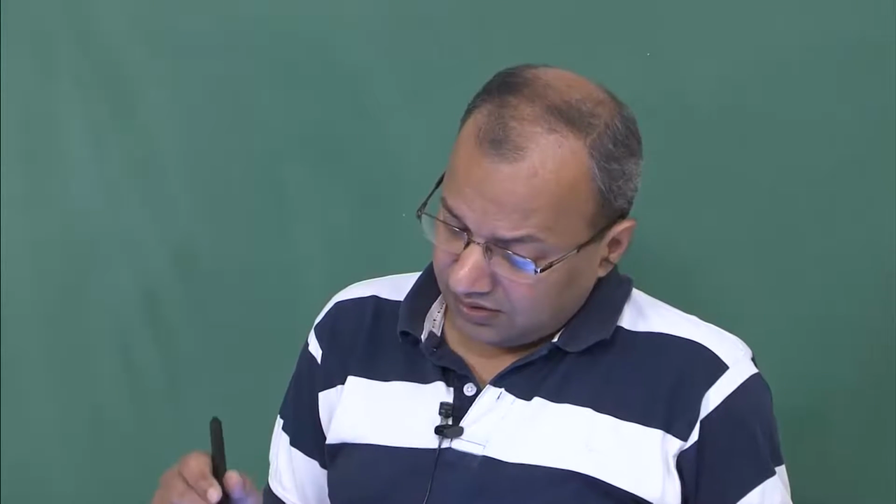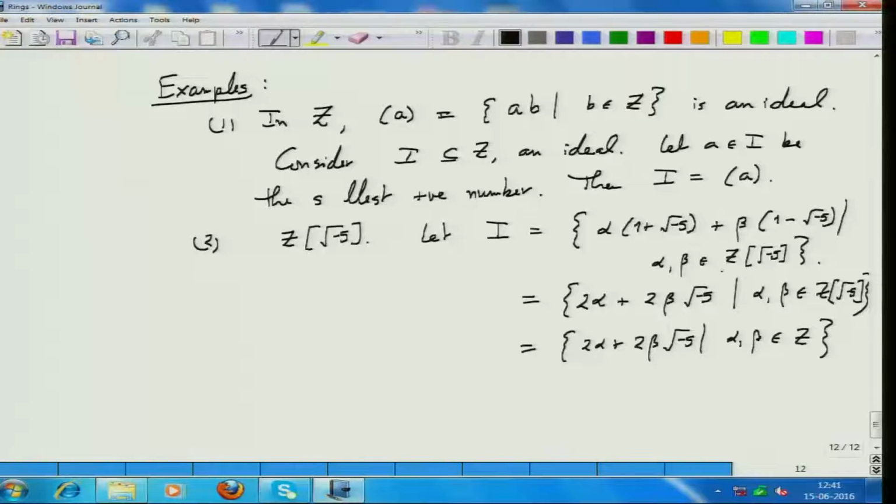And two numbers of this form, when you add, they still remain in this form. That's simple. So this is an ideal, and we can simplify this ideal to this expression. Okay. Now, this is an ideal of Z[square root of minus 5].